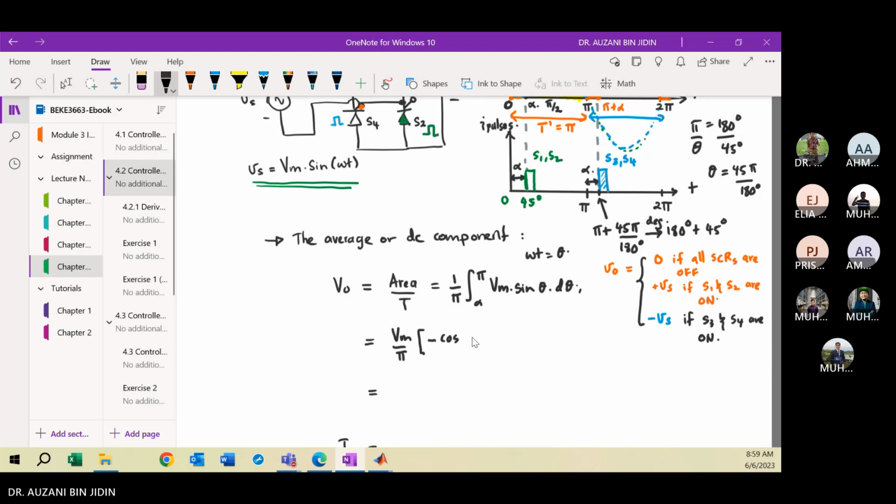Minus cos theta. Is it right? You integrate the sine function, you get minus cos, where you integrate from alpha to pi. Then here you can further simplify or solve this equation. Finally you get Vm divided by pi times 1 plus cos alpha, right?